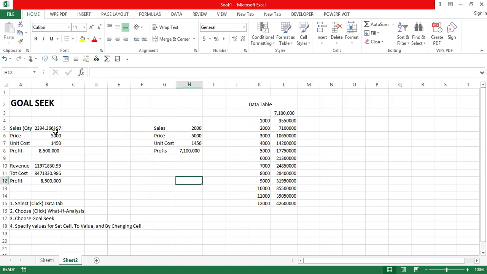Now let's look at another topic. Goal seek. What do we do with goal seek? Consider this data.